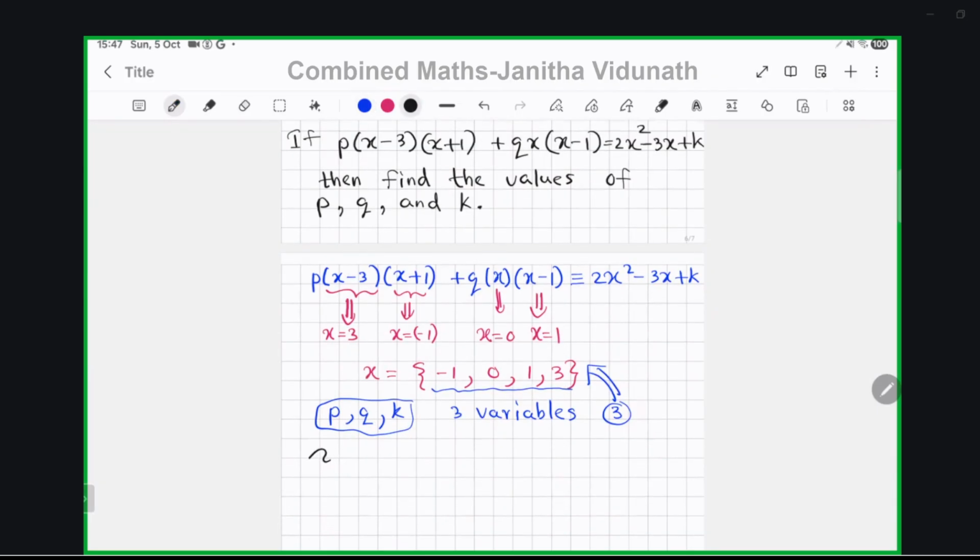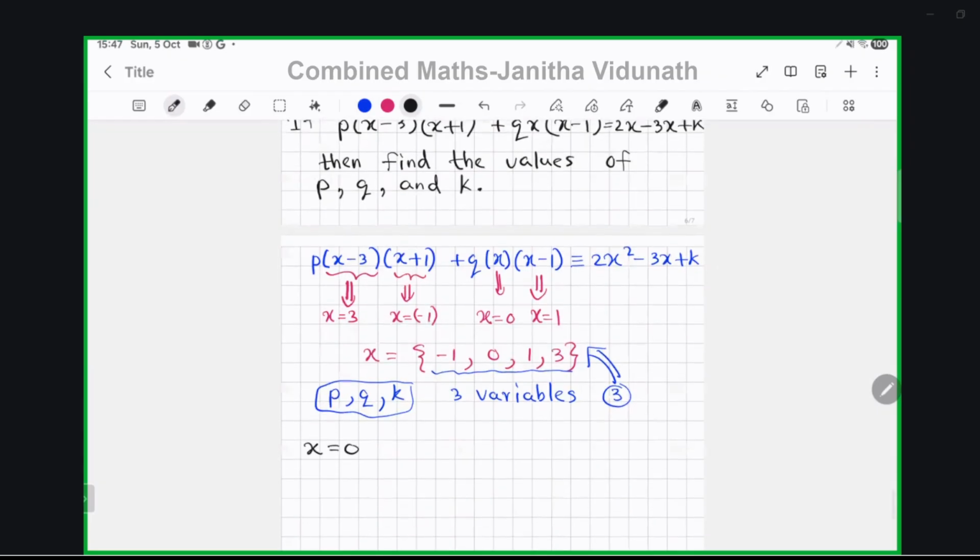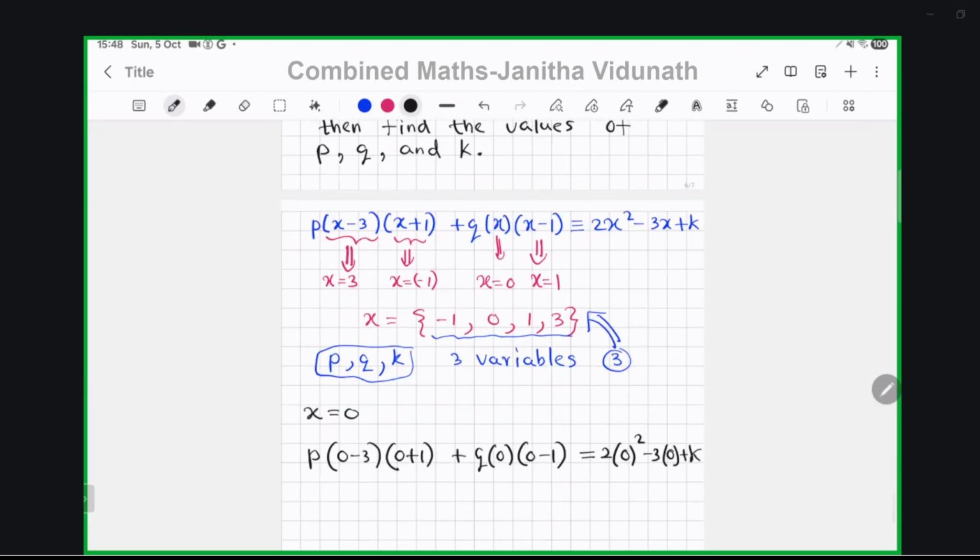Simple, one of the simplest values is x equals 0. Then if we substitute x equals 0 on the left hand side, we get p times 0 minus 3 times 0 plus 1, plus q times 0, 0 minus 1. On the right hand side, we get 2 times 0 square minus 3 times 0 plus k.